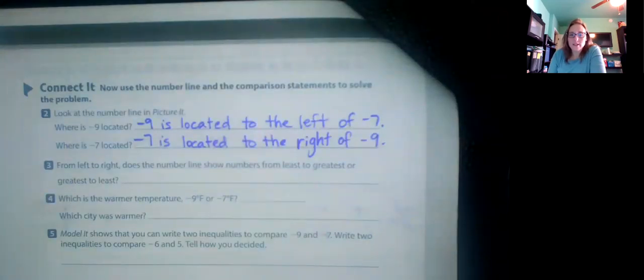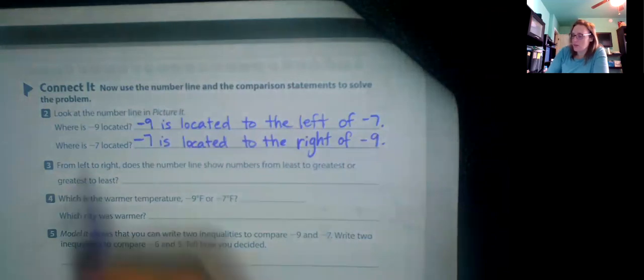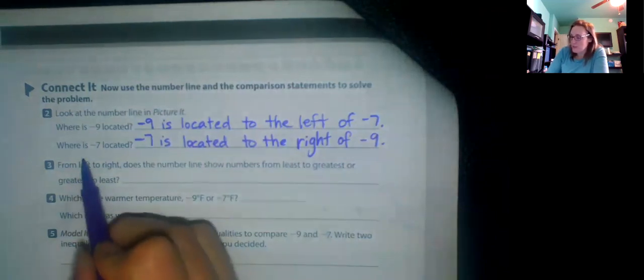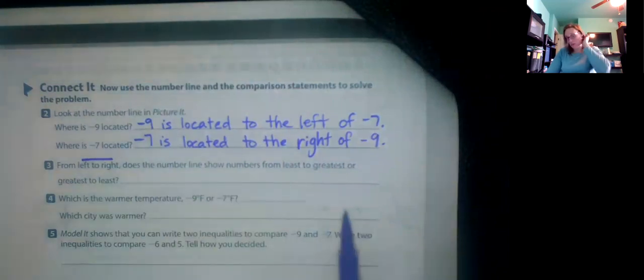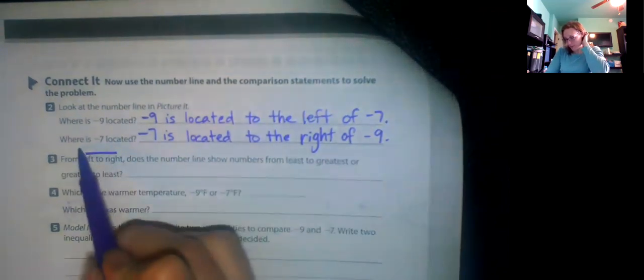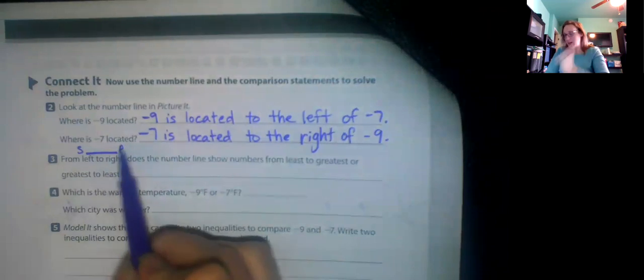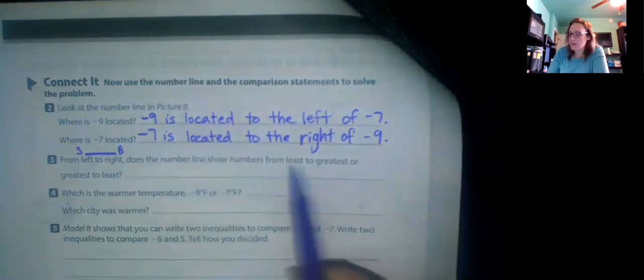From left to right, does the number line show from least to greatest? Okay, so from left to right. So we are going, remember left is the smaller side, right is the bigger side. So that means we're going least to greatest.